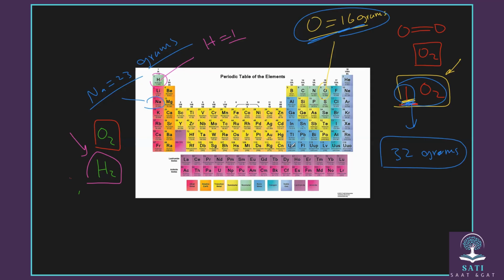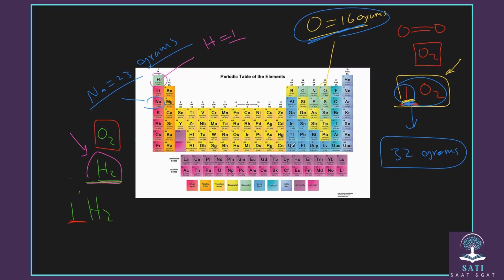They make covalent bonds between them, sharing electrons to be more stable. So we deal with them as 1 mole of oxygen molecules, and the same for hydrogen. So what will be the molar mass of hydrogen in this case? It's going to be 1 mole of H2, whether the 1 is written or not.